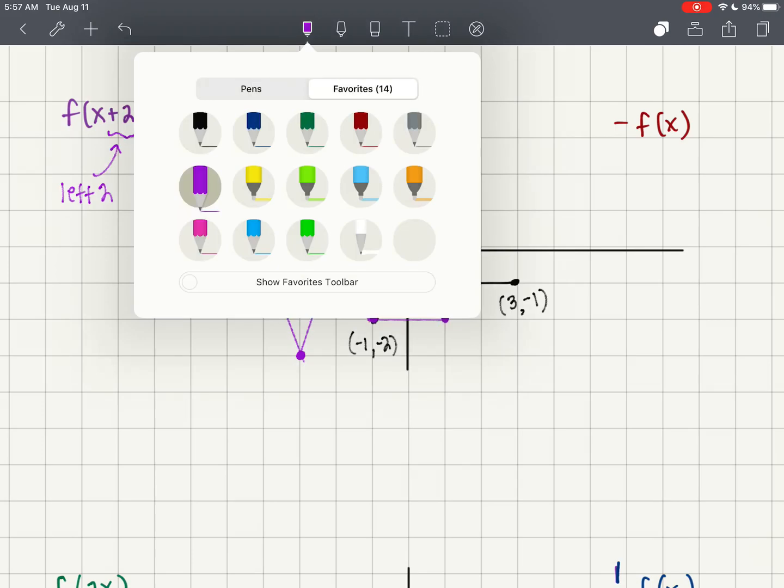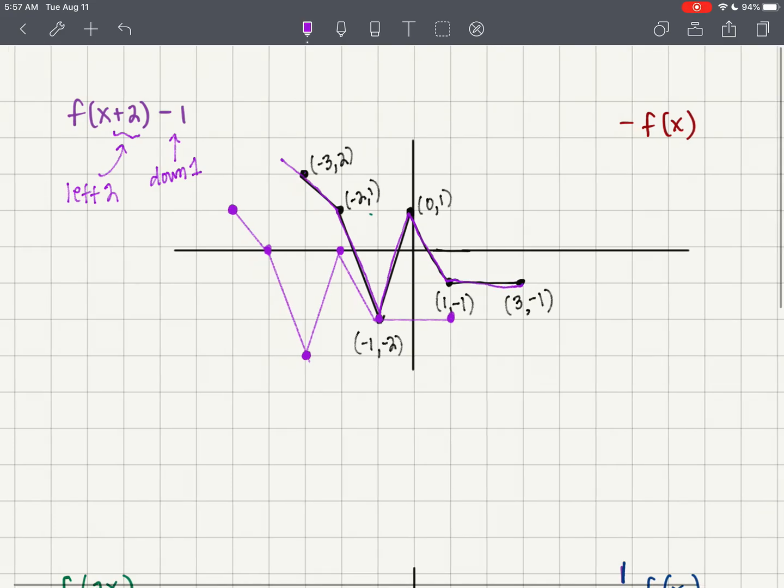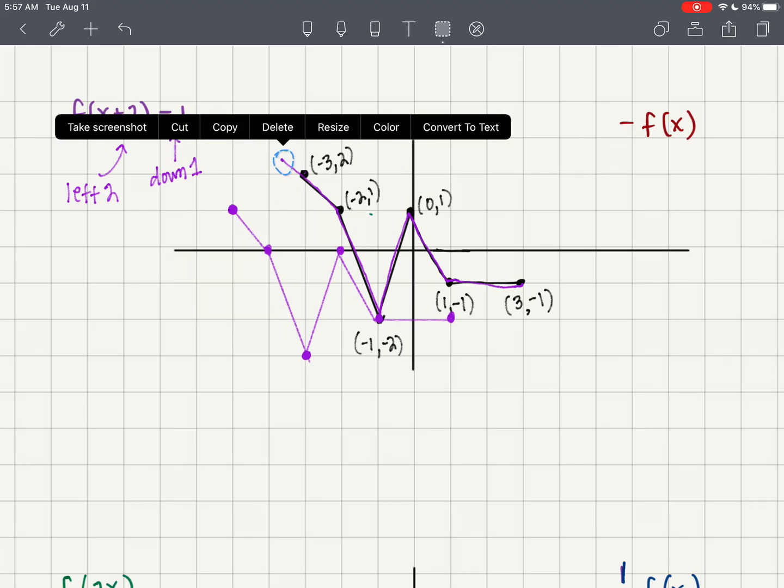Now let me show you. Okay, so what I wanted to show you, and I had to be a little specific here, I had to create that little tail right there so I could move it.